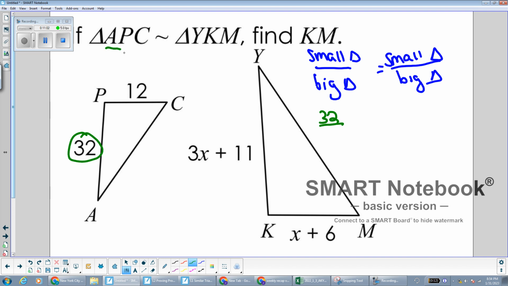That's AP. So the corresponding side to it from big triangle would be YK. Another side from small triangle is 12. And that is PC. So that corresponds to KM.